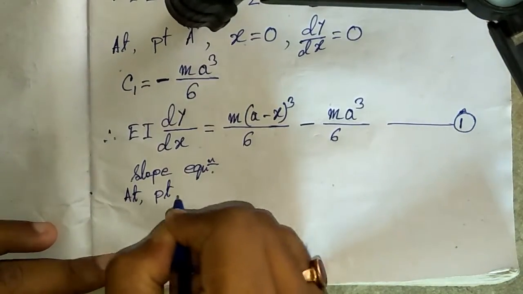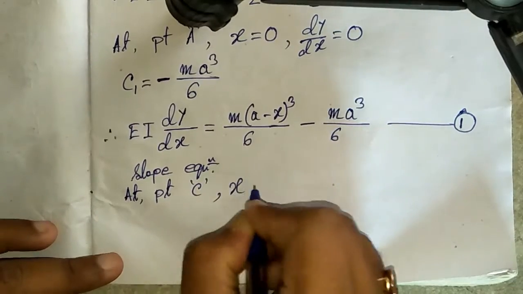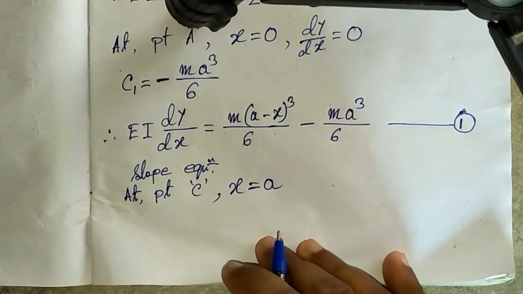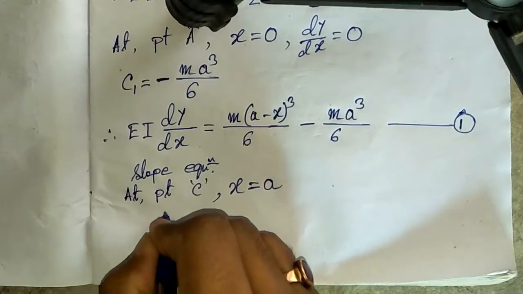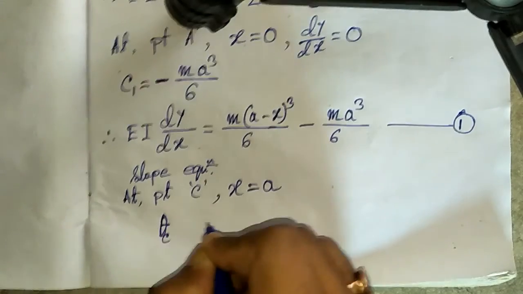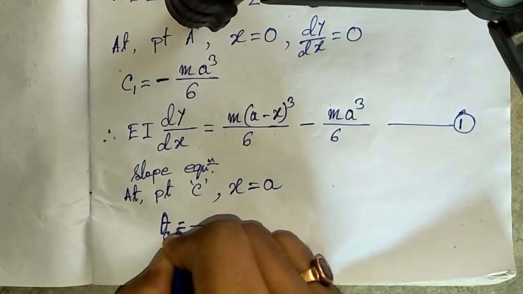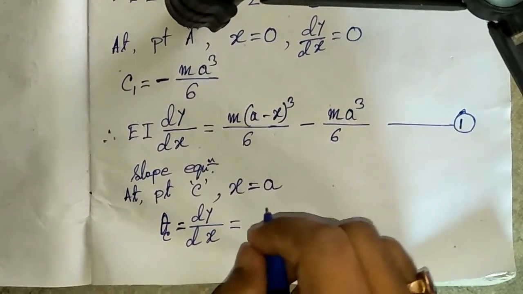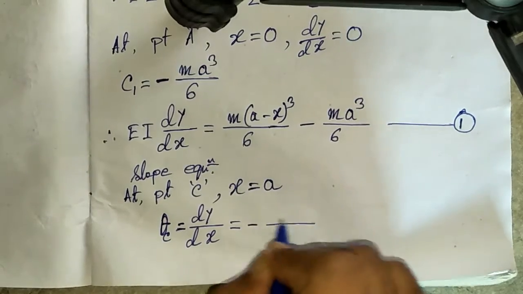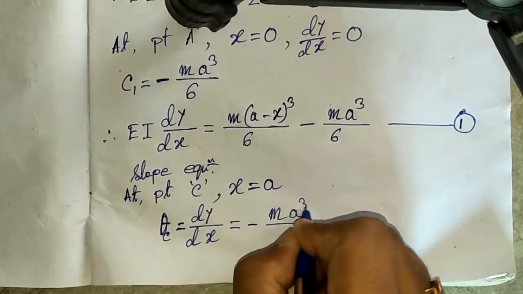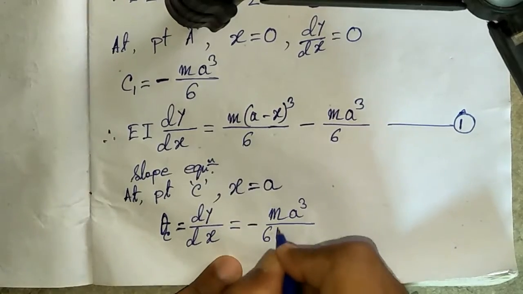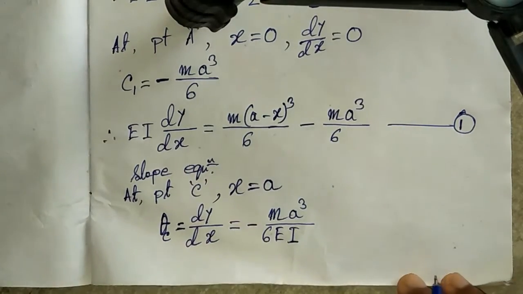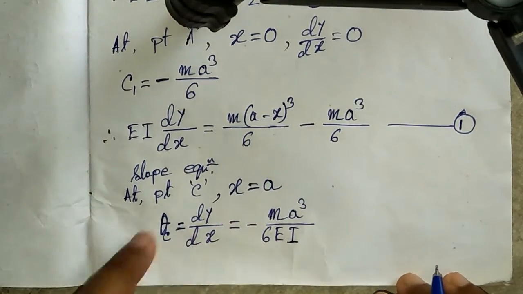At point C, the value of x is a, and so we can write theta C, that is dy by dx, is equals to nothing but minus M a cube by 6 EI. So this is the slope expression.